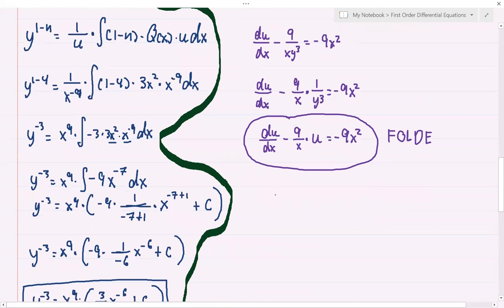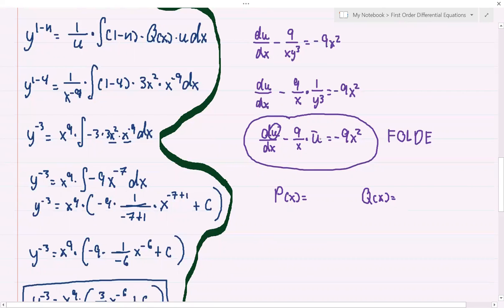Before that, we need to locate what our p of x and our q of x are. Remember, for a given first order linear differential equation, your p of x is located beside the dependent variable.